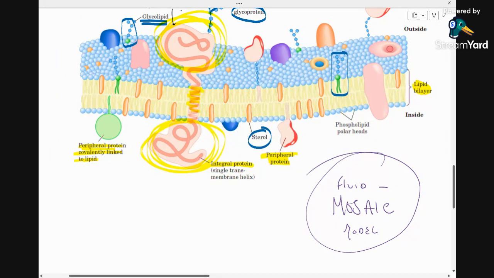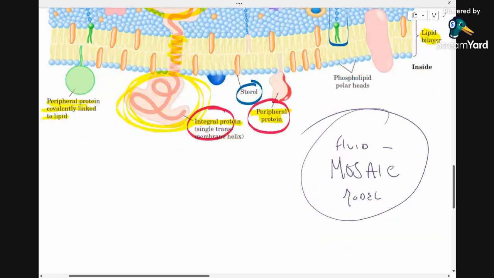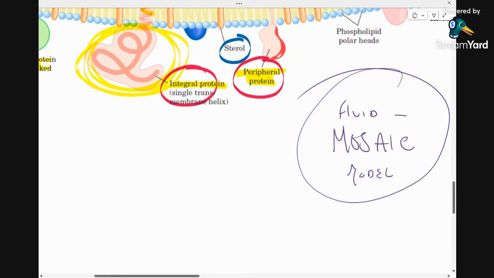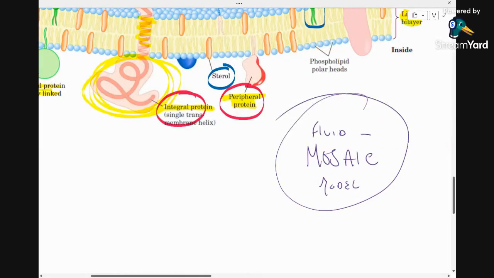The only other thing just to mention is examples of our peripheral proteins and our integral proteins and the other words for them. So just to be clear, peripheral obviously sits on the periphery of the membrane. It's either anchored in there by something or it interacts non-covalently, for example, with the phosphate heads.